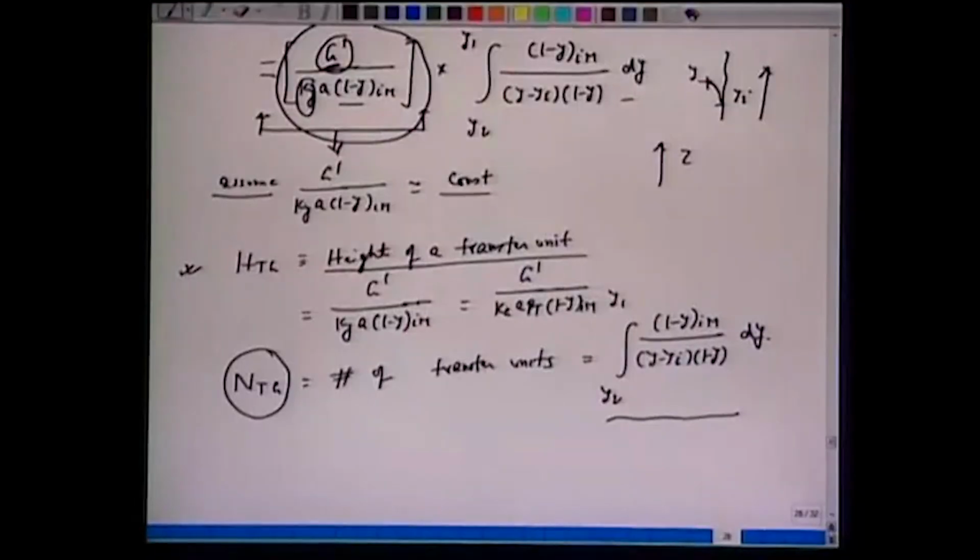If you look at the expressions for height of a transfer unit and number of transfer units, you must recognize that y changes along this length. If you take a differential element, y changes from y1 to y2. So, the mass transfer coefficient will also change. Go back and see the definition for k_y: (1 minus y)_I m, the logarithmic average of 1 minus y and 1 minus y_I, the interfacial concentration also changes. So, the logarithmic average also changes.